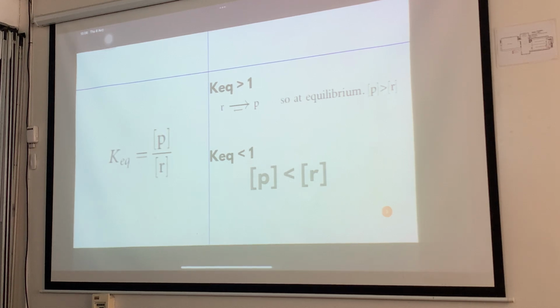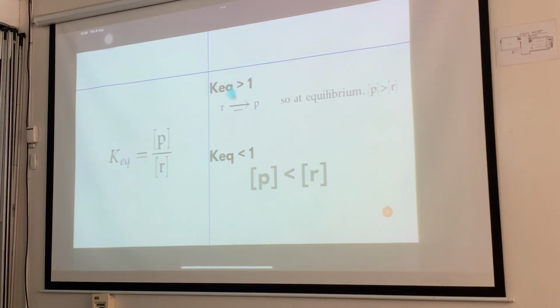So if at equilibrium the concentration of P is greater than R, we can say that the forward reaction is favored. That's why the equilibrium constant is more than 1.